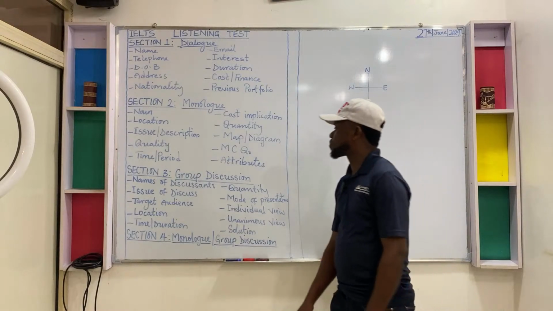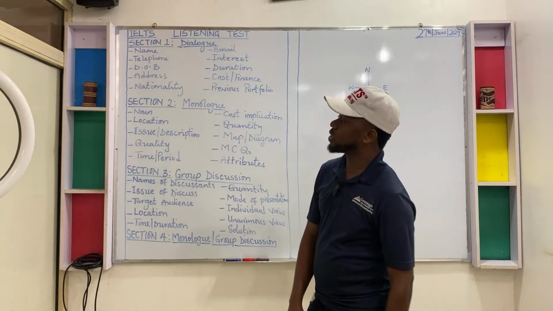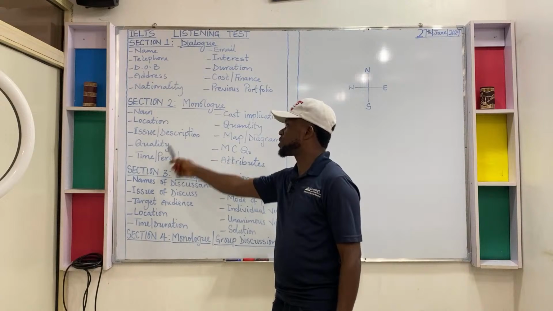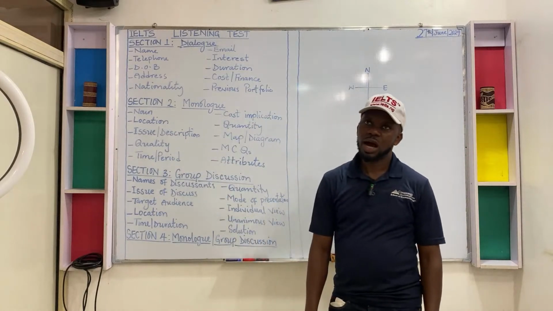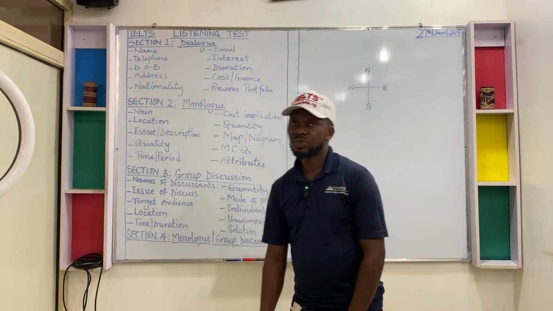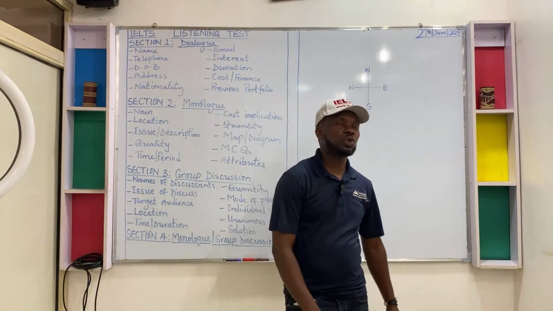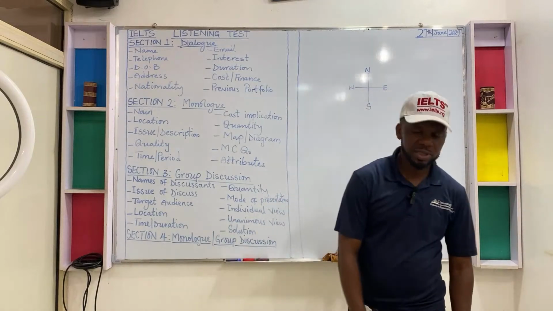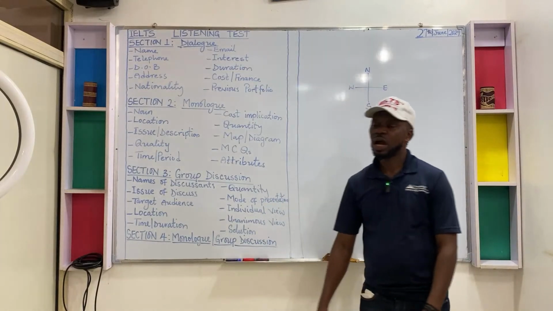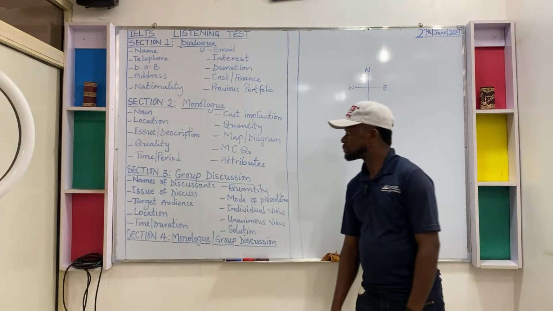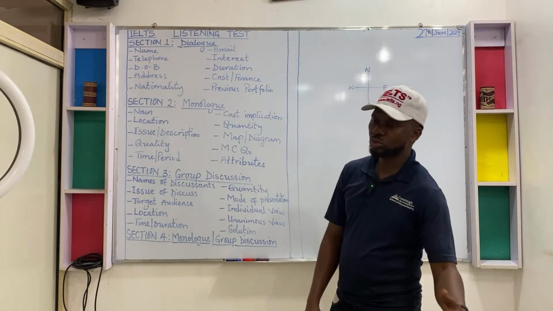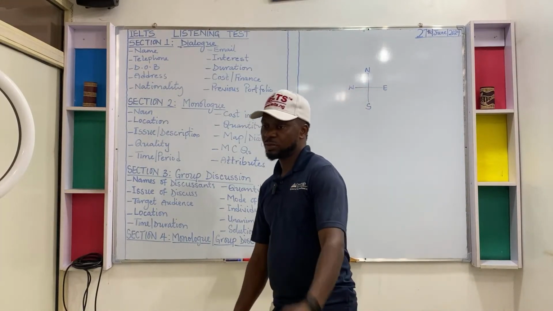Now, attributes. What are the attributes or characteristics of whatever issue is being raised or described? What is the shape? What color does it come in? What are the different sections of that particular device? What roles do they play?